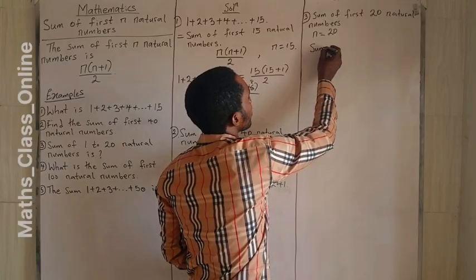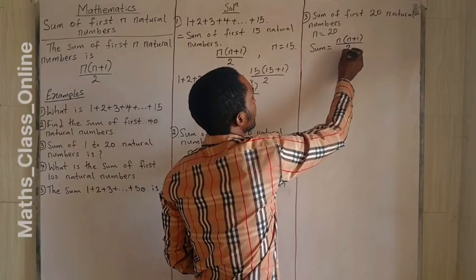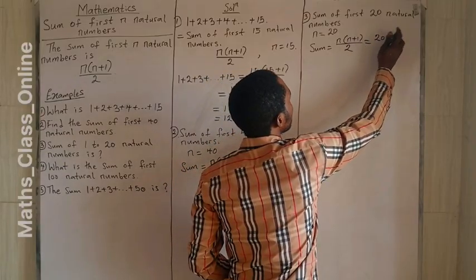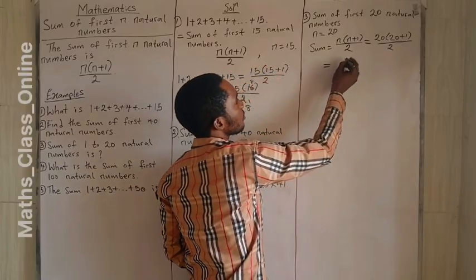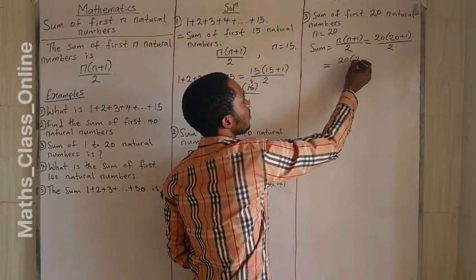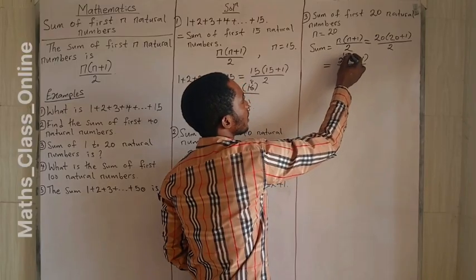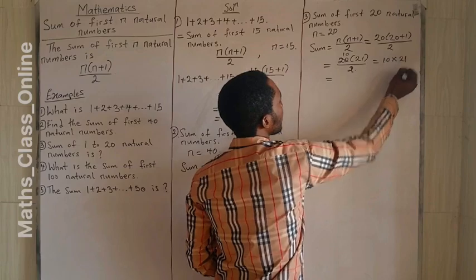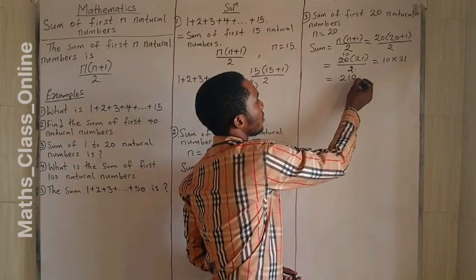And the sum is equal to n open bracket of n plus 1 over 2. This is 20 open bracket of 20 plus 1 over 2. And we have this to be 20 open bracket of 21 close bracket over 2. 2 here 1, 2 here 10. What we are going to have next is 10 times 21. And 10 times 21 is what? 210.